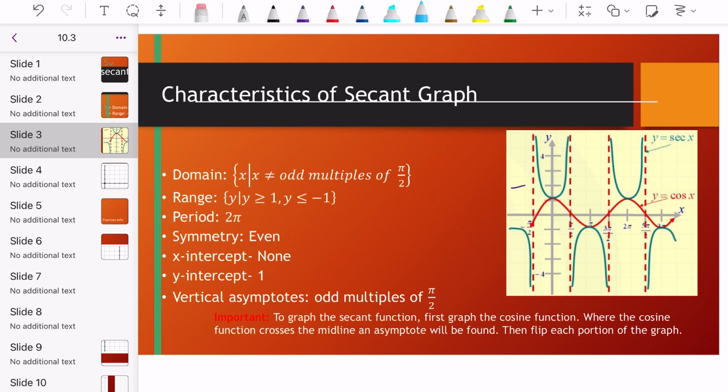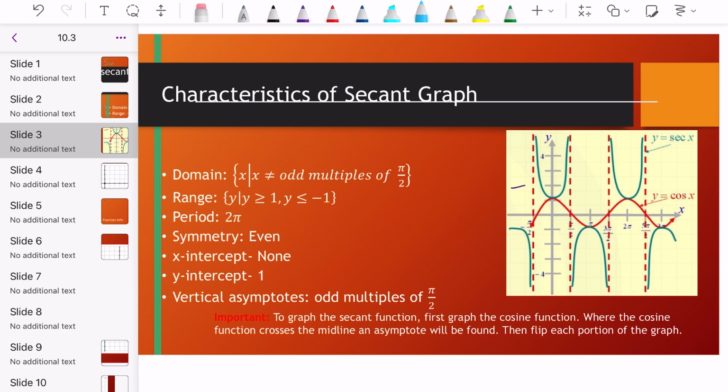Meaning, if you're looking at negative 3 pi over 2, negative pi over 2, positive pi over 2, positive 3 pi over 2, or 5 pi over 2, you are always going to have interruptions at those locations because x would not be equal to those values. Hence the reason why we have asymptotes at those places.